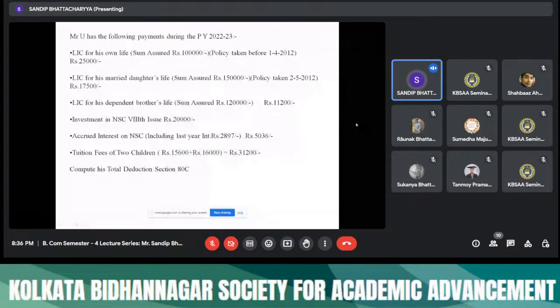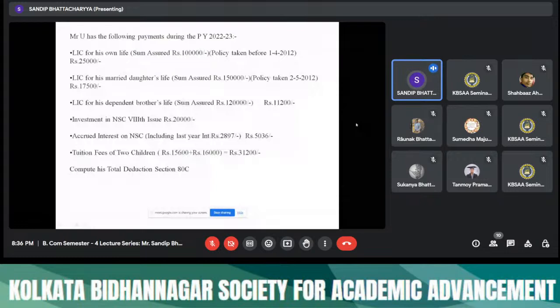Look carefully, Mr. Y has the following payments during the previous year 22-23. Number 1, LIC for his own life, sum assured rupees 1 lakh, policy taken before 1/4/2012, rupees 25,000. Next, LIC for his married daughter's life, sum assured rupees 1,50,000, policy taken 2/5/2012.